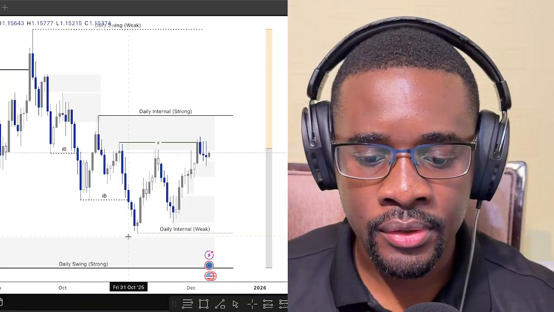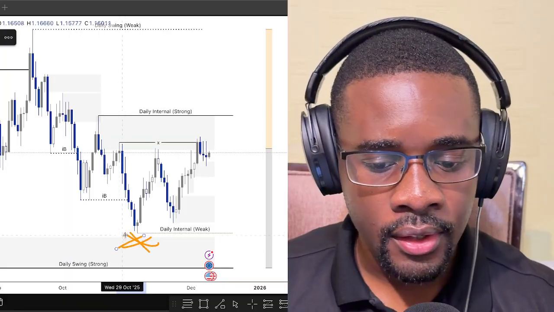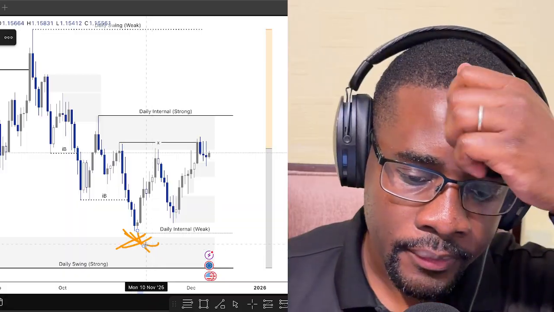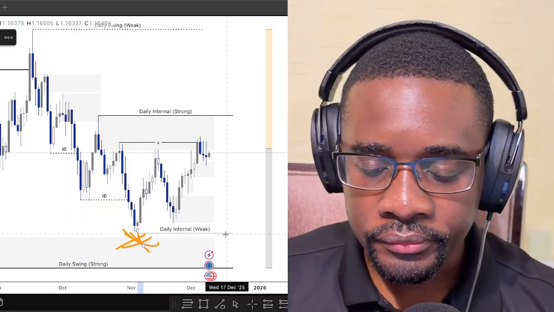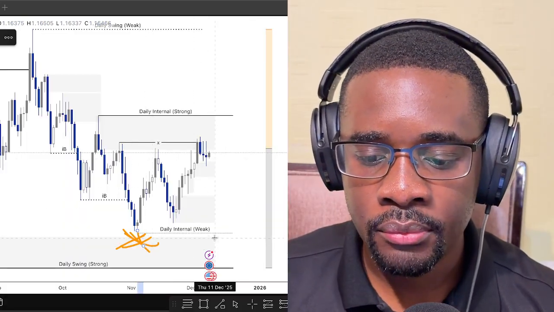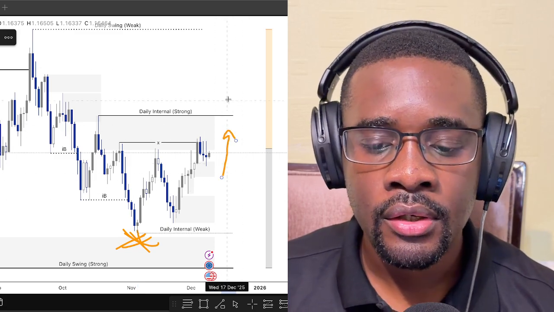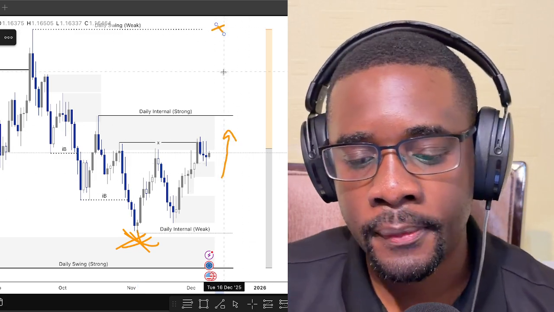So on the daily, we could say it's possible that the retracement or the pullback has come to an end, and now we can be looking possibly to continue bullish to target the weak daily high.